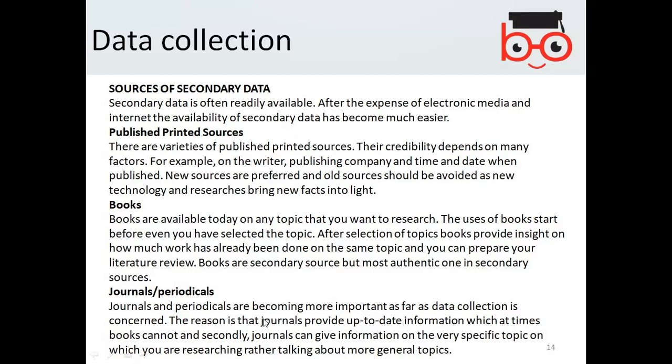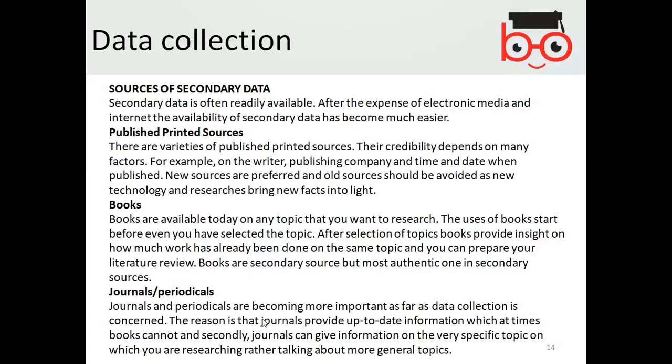So basically books could be generic, talking about general topics, but journals are up to date, timely, and regularly updated. Journals and periodicals are sources which provide you up-to-date information on the specific topics which you are researching.